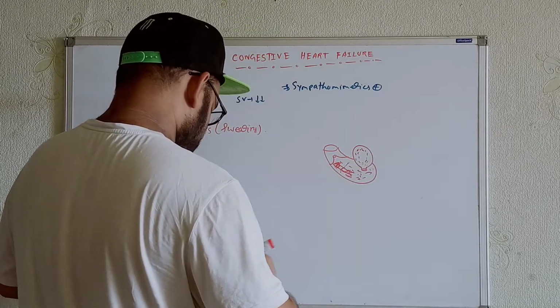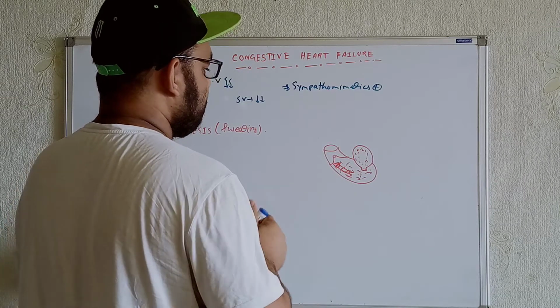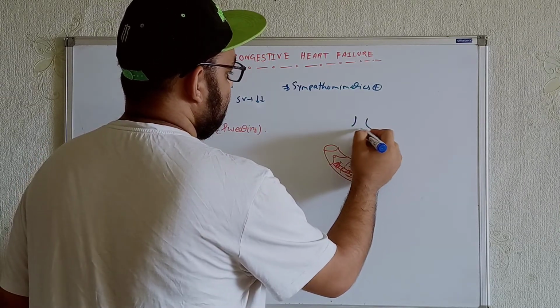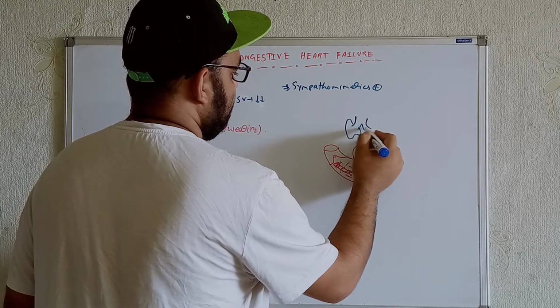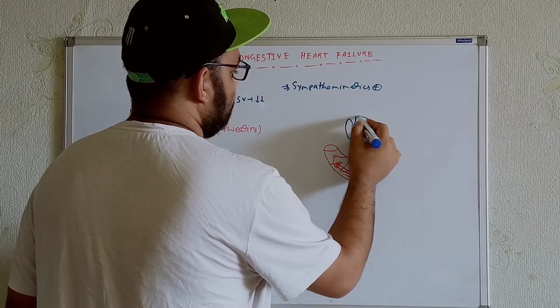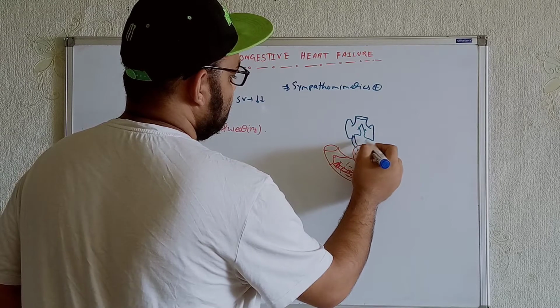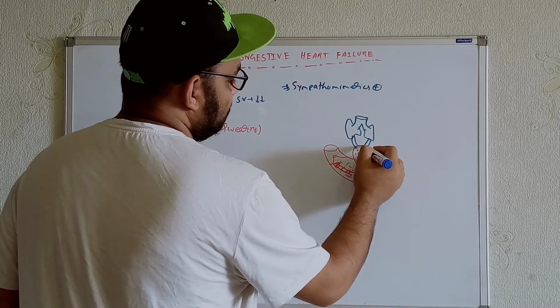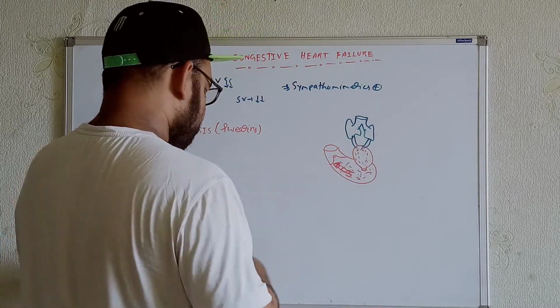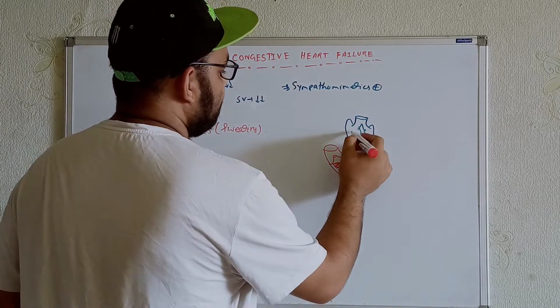Now see, we know that from the lungs, through the venous route, the blood will come over here. As a result, the blood will also accumulate within the lungs.